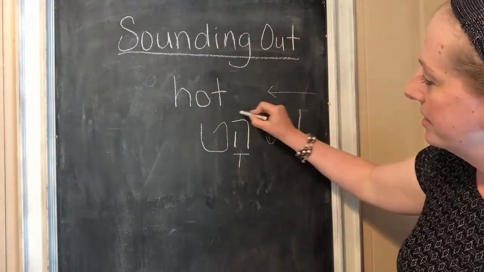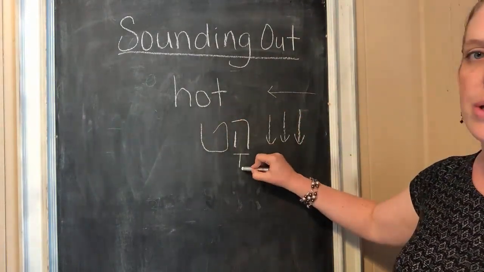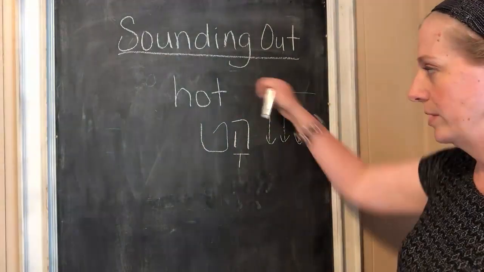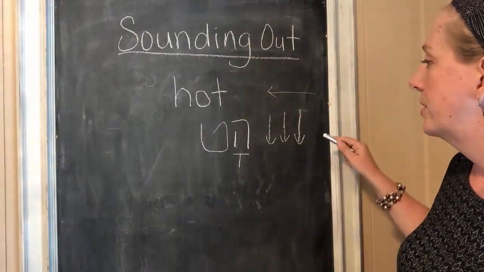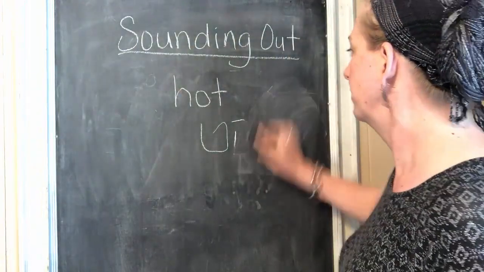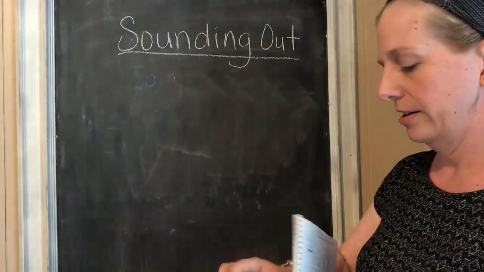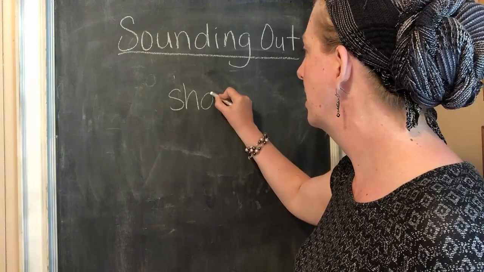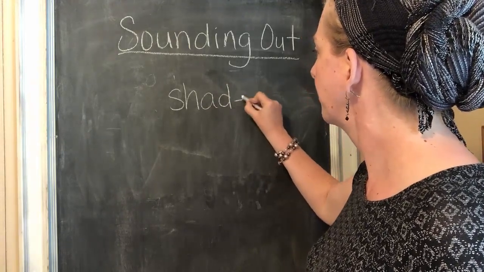They always put the consonants up here and the vowels under it, unless of course it's an O that was up above. Okay, so hot. Now let me try a different one. Let's do the English word shade.